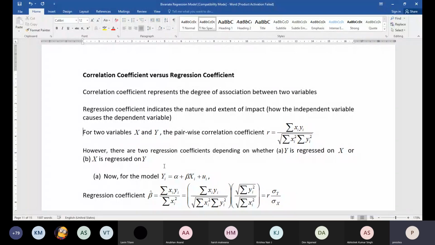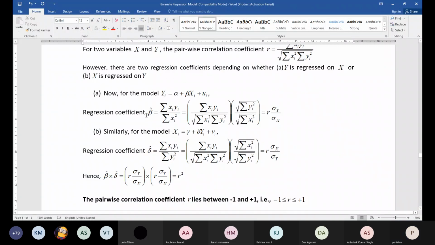To begin with, if we consider this model, then the slope coefficient beta hat will be equal to this, which can be rewritten as R into sigma Y by sigma X. You can see what we are doing here.